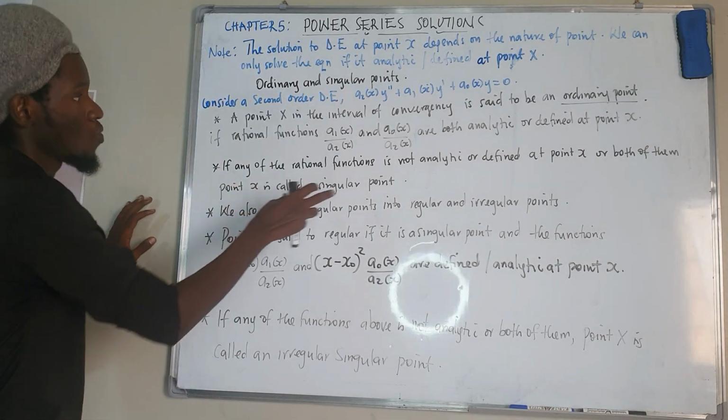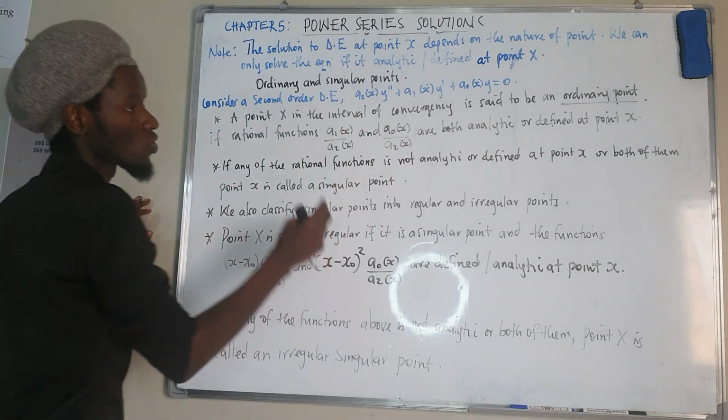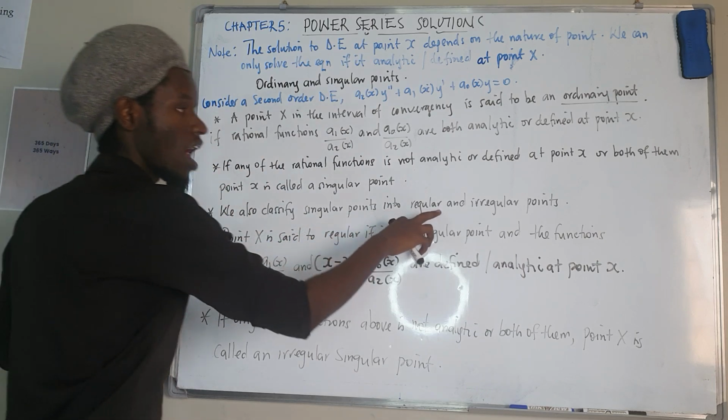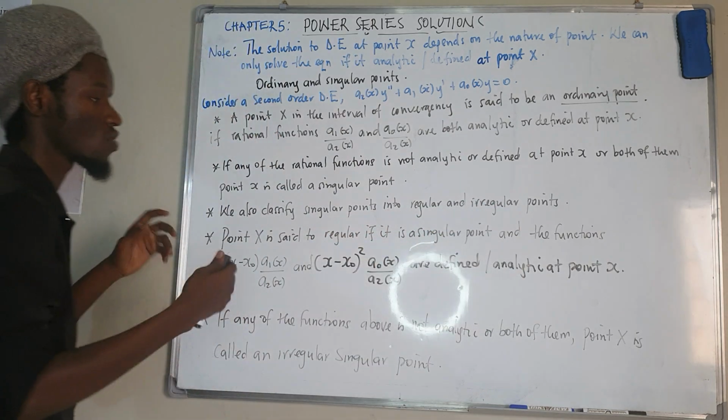And then we classify our singular points. We classify these points that will make the rational function undefined into two types: the regular and irregular singular points.